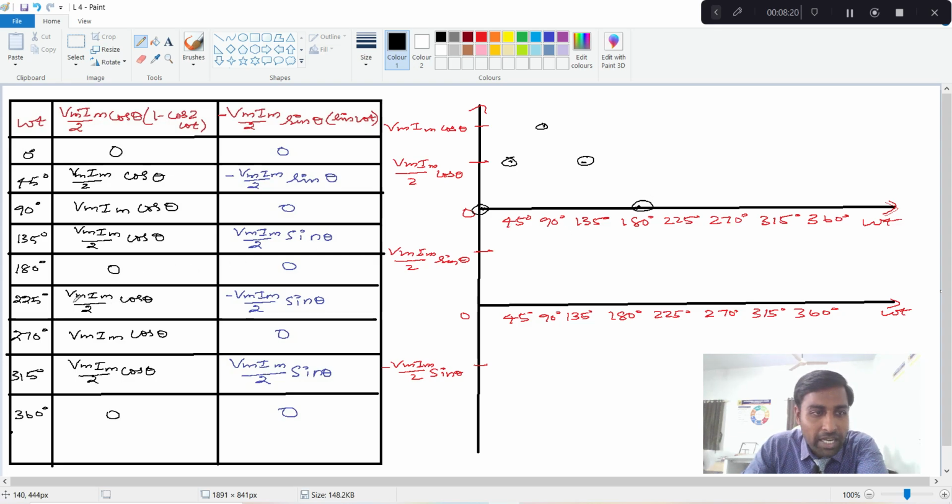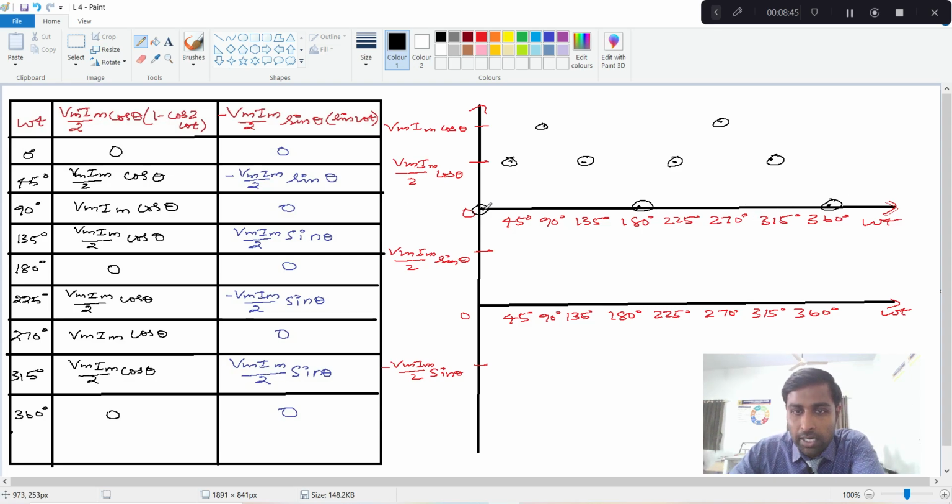At 225 degree again it becomes Vm Im cos theta by 2. For 270 degree again it has become the maximum value Vm Im cos theta, and for 315 degree I am getting Vm Im by 2 cos theta again. For 360 degree it becomes 0.